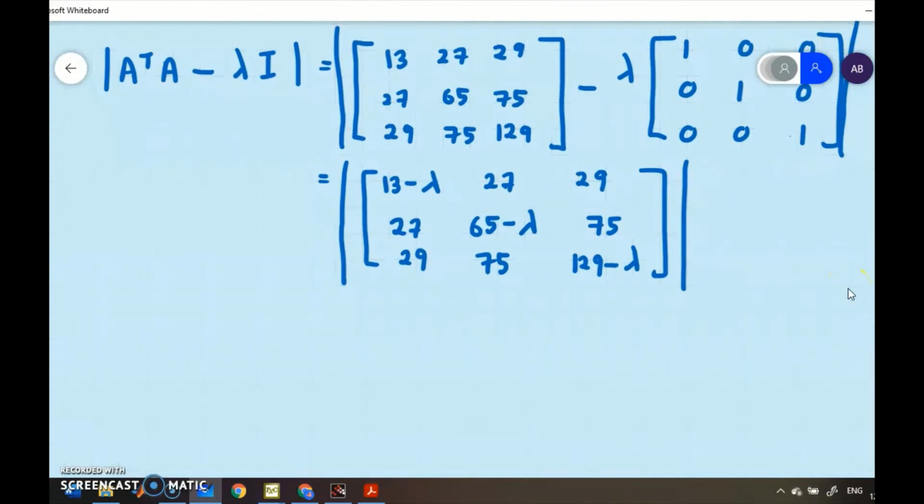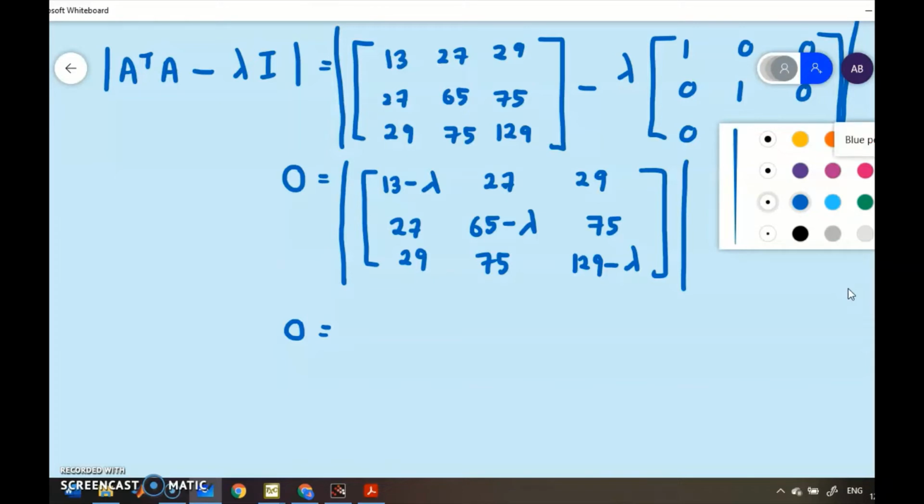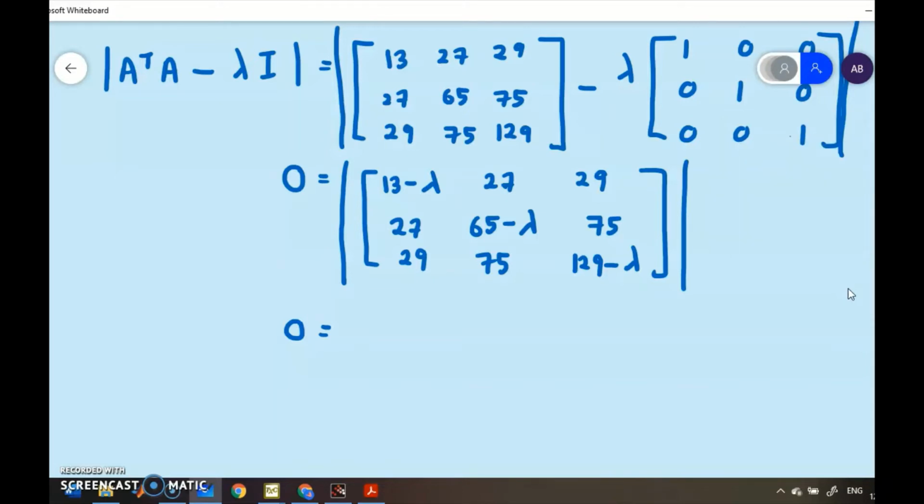So, to find this, you have to let it equal to 0. How do you find the eigenvalue? You let this equation equal to 0 and solve for this matrix. Okay, you'll find the determinant. How to find the determinant? Let me just recall.